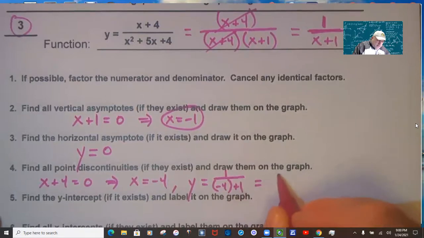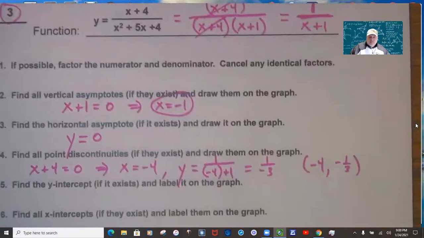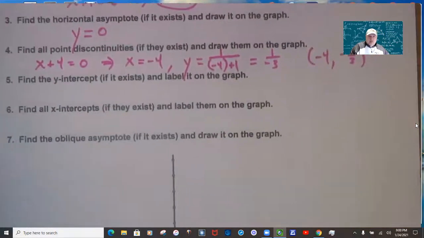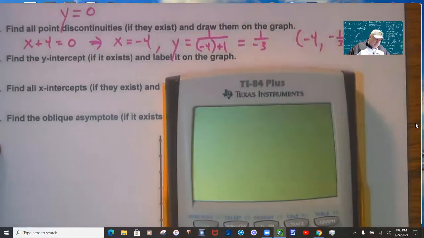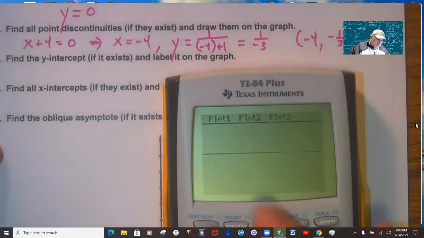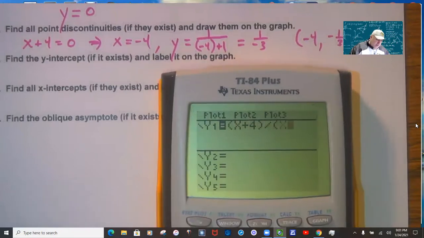So this is -3 on the bottom. So -4, -1/3 is the point. And believe it or not, you actually can get these to show when you graph, but you've got to put in the original, and here's the big kicker when you do this. You've got to always put in the original.